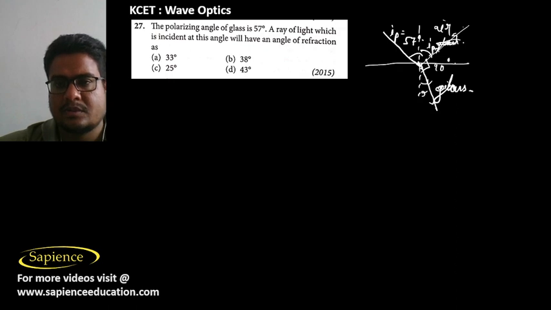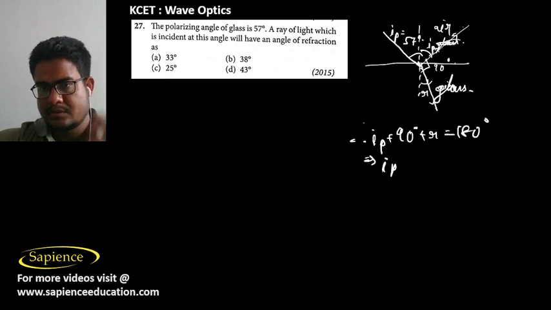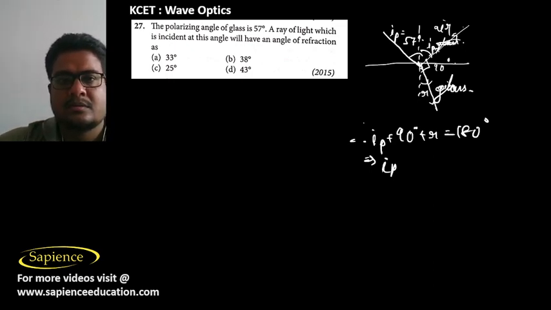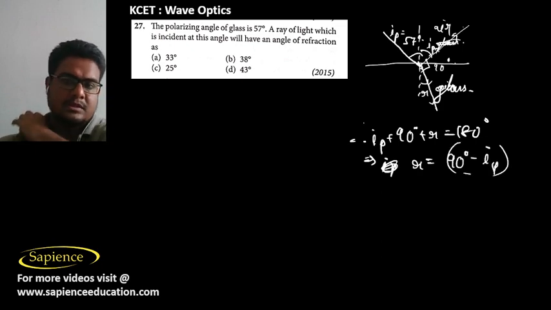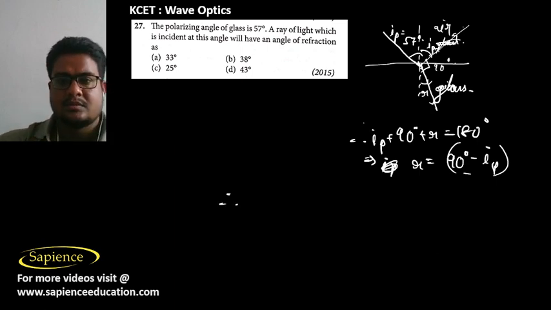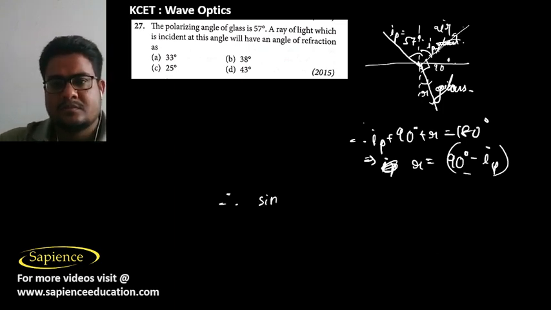This angle is R. Therefore IP plus 90 plus R is equal to 180 degree, so the angle R is equal to 90 minus IP.